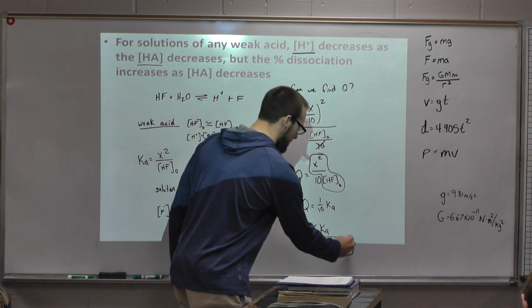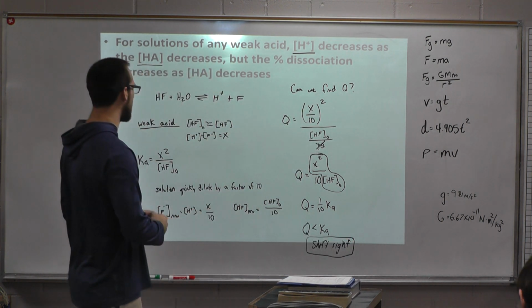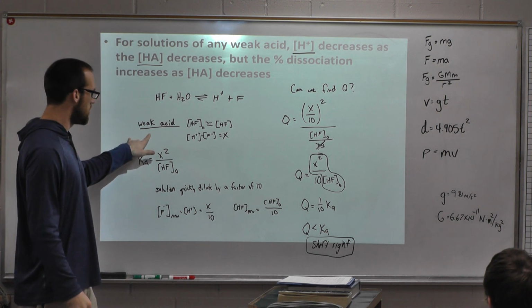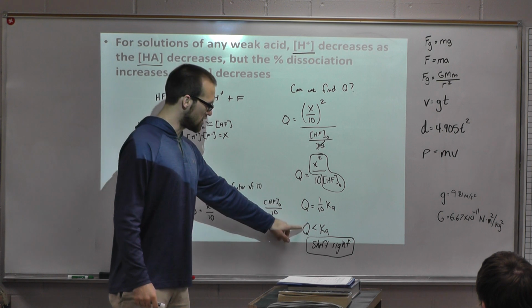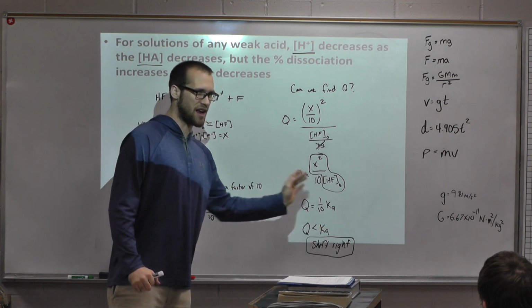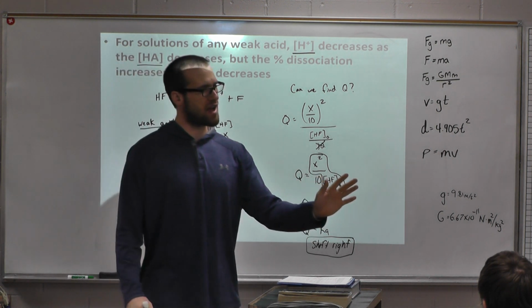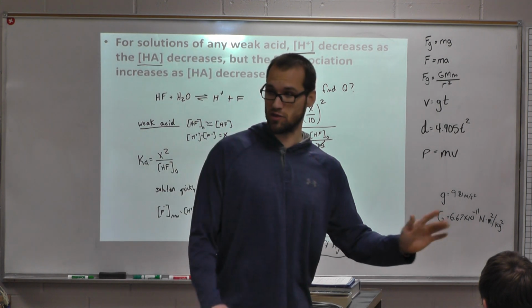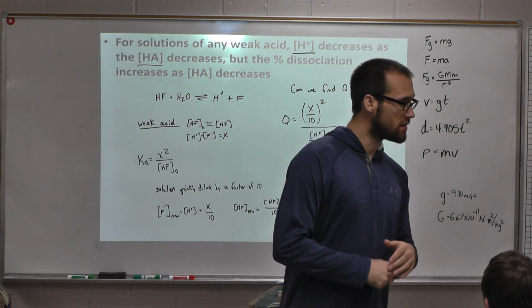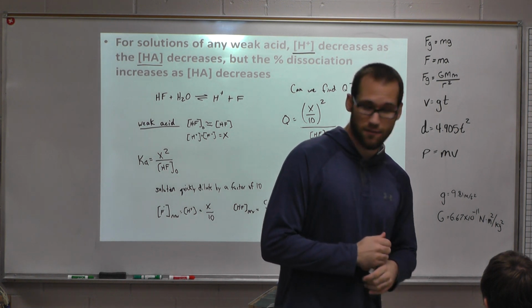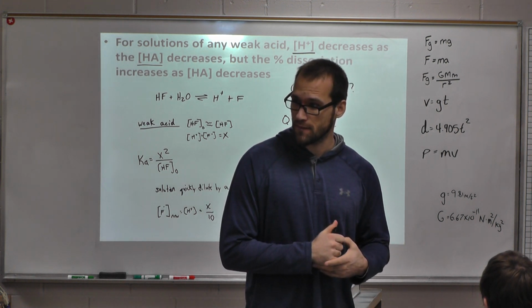And so all this to be said, when you dilute a weak acid, it will cause the Q to be less than your Ka, causing it to shift right, and shifting right is going to give us the reason behind why we see it dissociate. Everybody catch that?